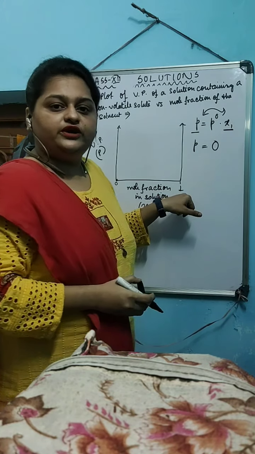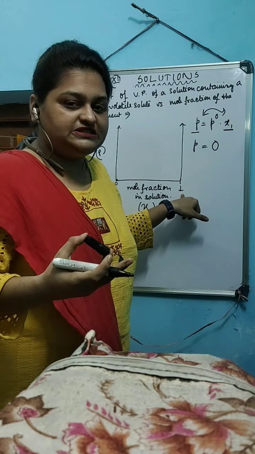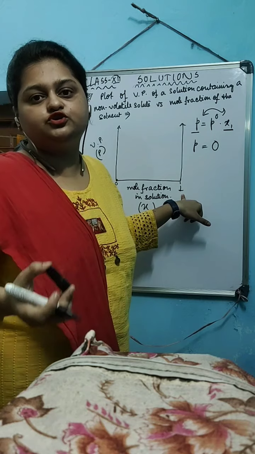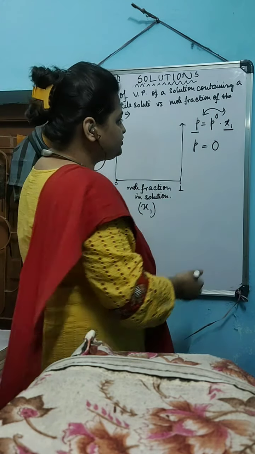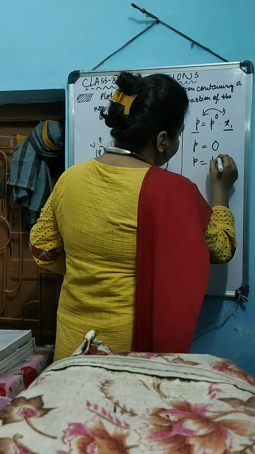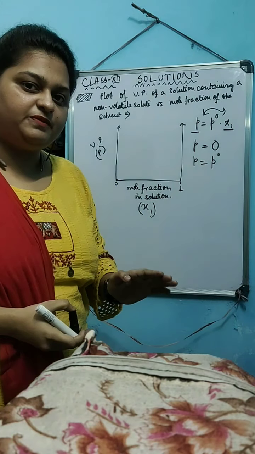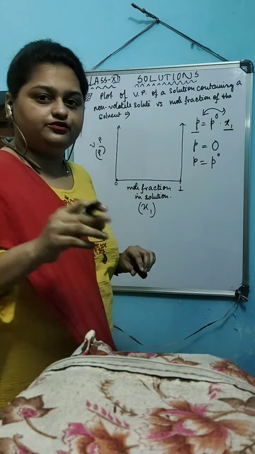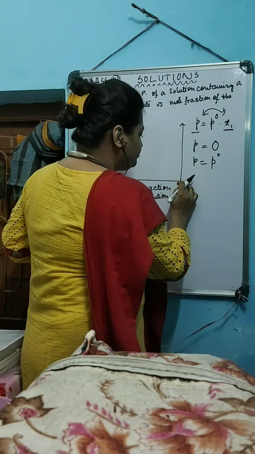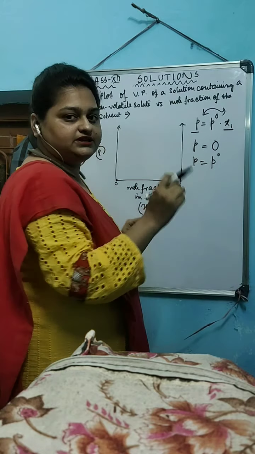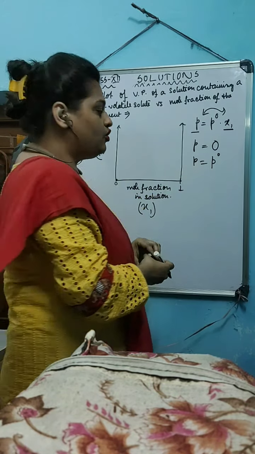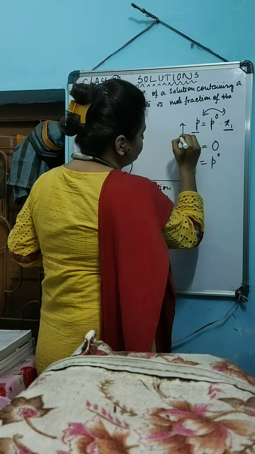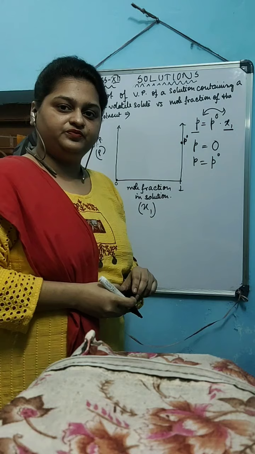Now at this point, when x1 equals 1, it means I have taken the maximum amount of solvent that I can take. At this point, P becomes P naught. This is the point where x1 equals 1. So I have to mark this P naught value on this axis at some point.